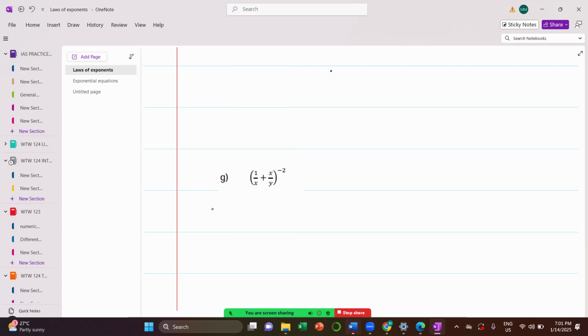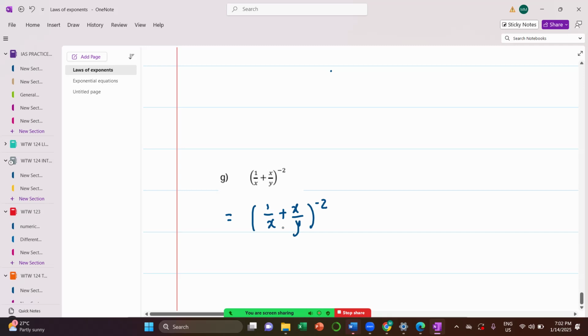So what do we see? We have a sum of two fractions inside the brackets as the base of this exponent, right? So we can first start by simplifying what is inside the brackets. We have 1 over x plus x over y, all to the exponent of negative 2.